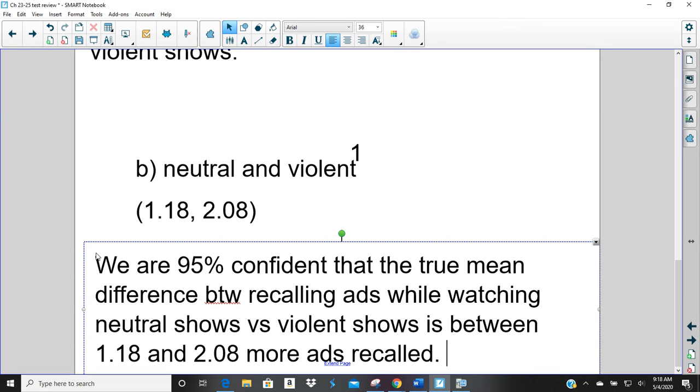The true mean difference between recalling ads while watching neutral shows versus violent shows is between 1.18 and 2.08 more ads recalled.